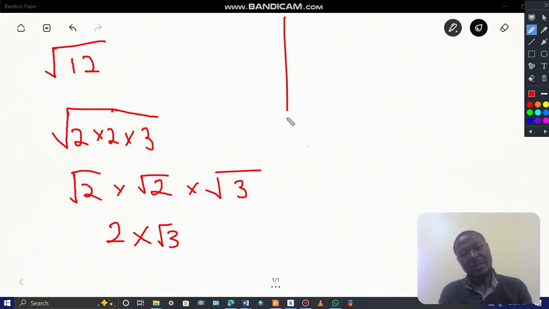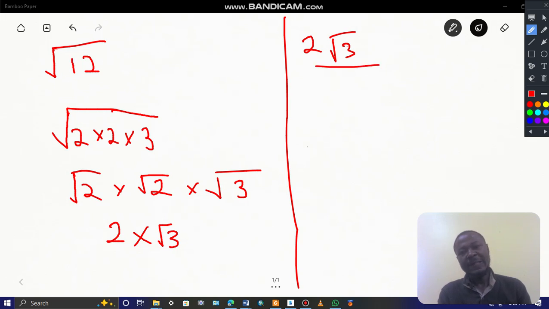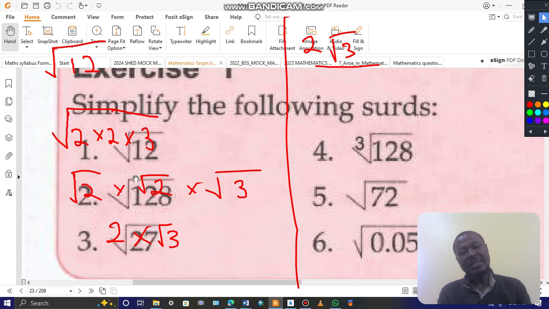The final result is 2 root 3. Now you have simplified the square root of 12. We have another example.